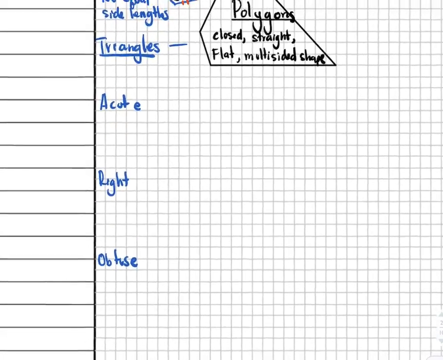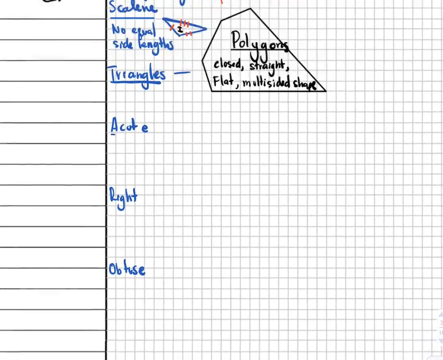Okay, so those are the three types that we have for triangles defined by angle. Okay. So acute has 3 angles less than 90 degrees.